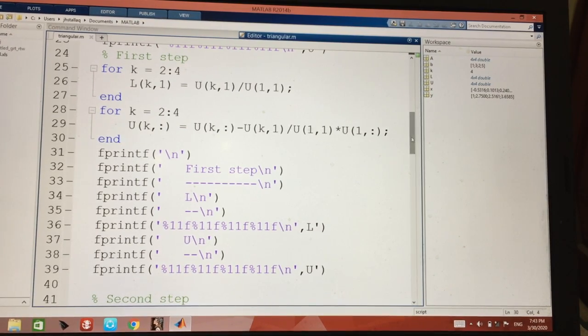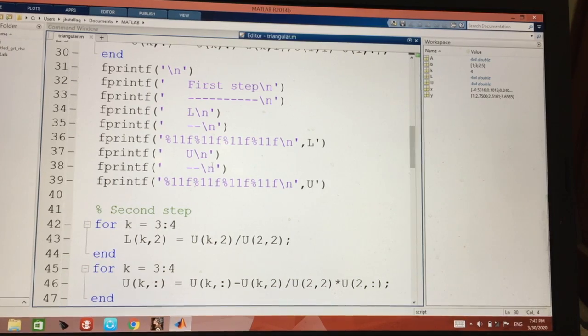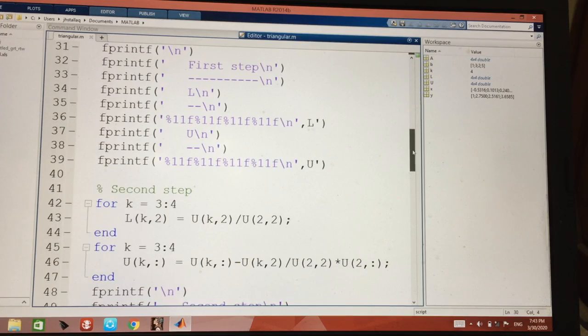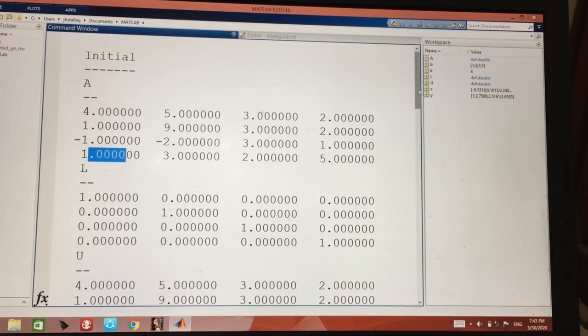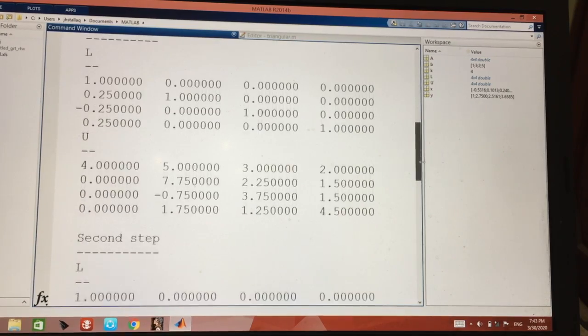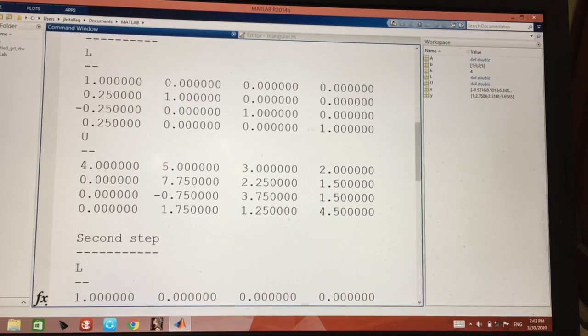What is L? What is U? Generated from the first step. If we go back to the editor here, that's the initial. This is the first step. We filled up the first 3 elements of L, and we eliminated the first 3 elements of the first column from U, and we modified accordingly all of this.